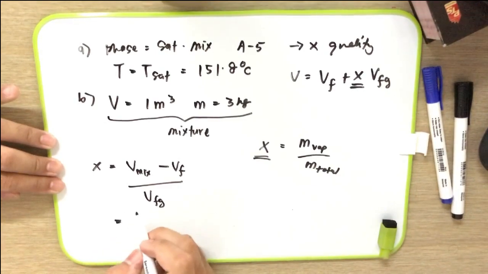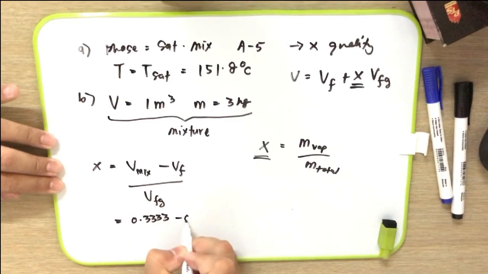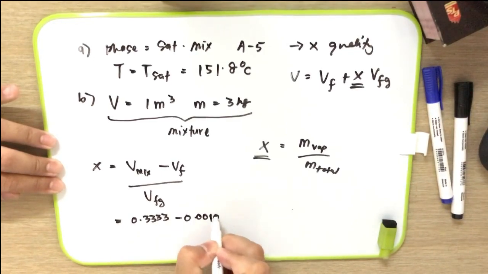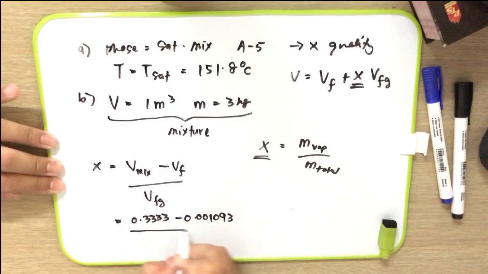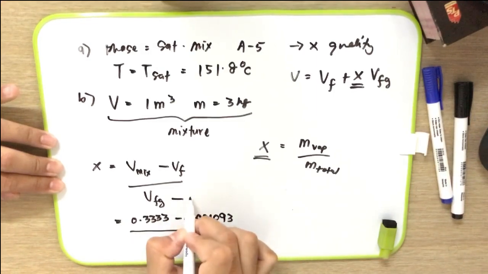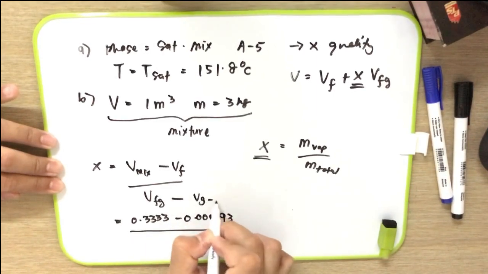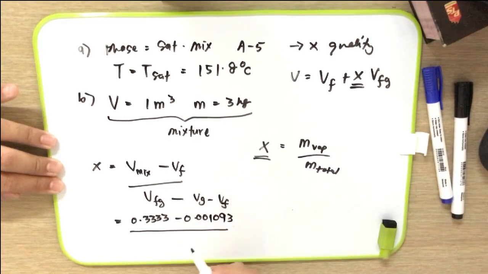It is equal to 0.3333 minus 0.001093 over VFG, which is equal to VG minus VF, right? So we get 0.3737. So the X is equal to 0.8889. Alright, now we already have the X.